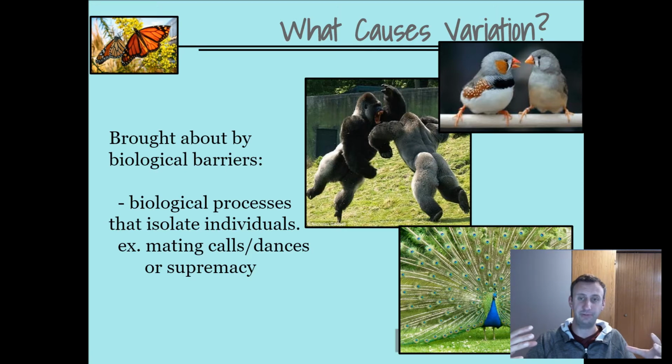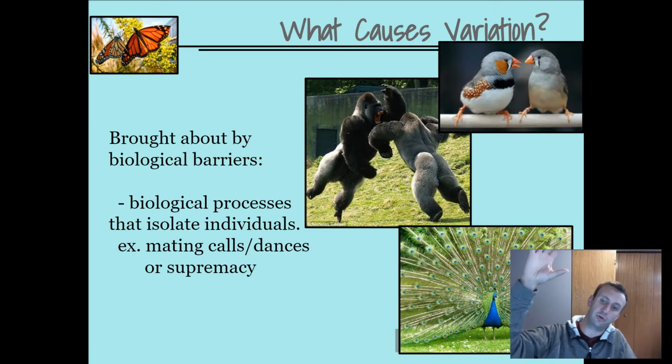Another example is dominance, when you have a tier system within a population of a species, right? So I've even heard of things where some groups of birds go to the top of the trees while others of the same species are always hanging out at the bottom of trees. And that actually ends up being this biological barrier because they don't occupy the same space, and therefore as a result they're not mating.